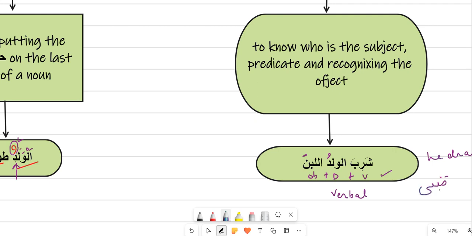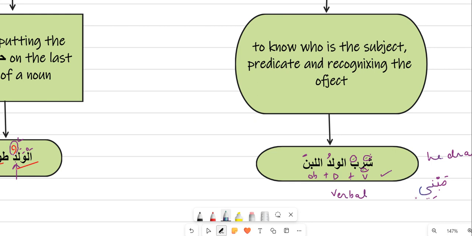Mabni means its structure is fixed; it will not change its harakas. Whenever it comes, it will remain the same. The structure of shariba is fixed with fatha, kasra, and fatha. So these harakas of the past tense won't change, and that's why past tense verbs are always considered mabni.